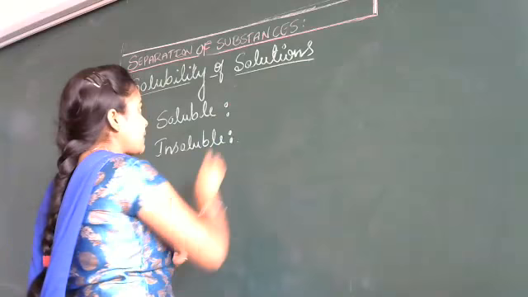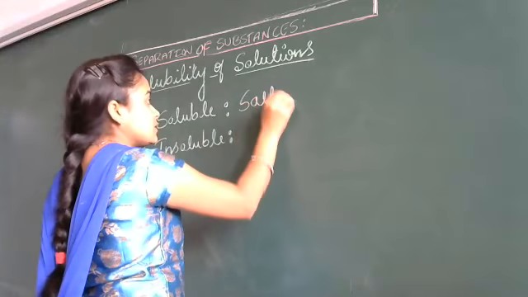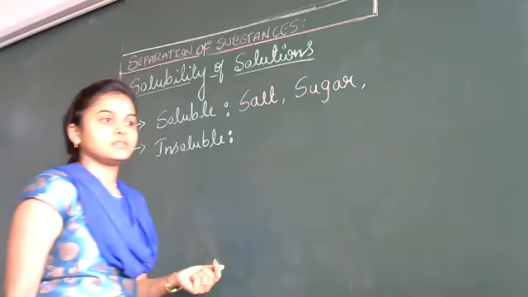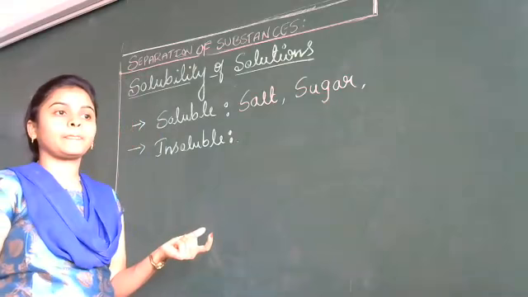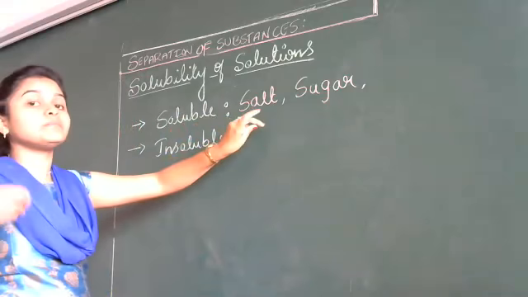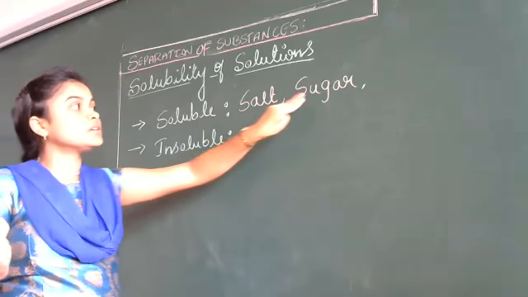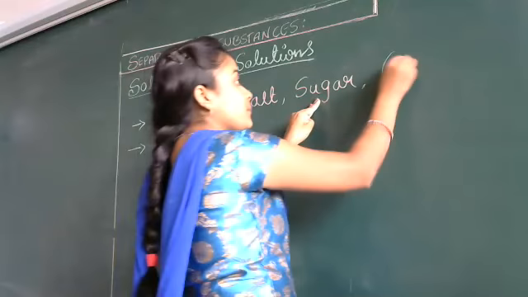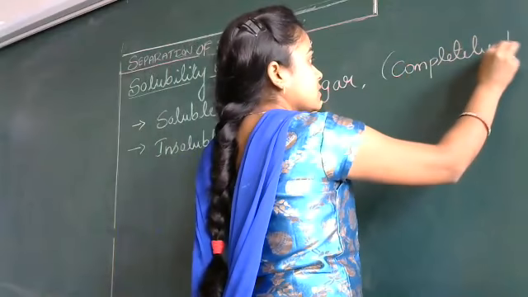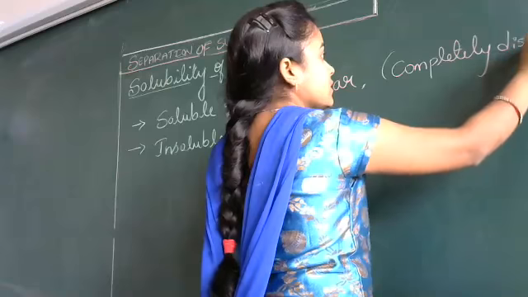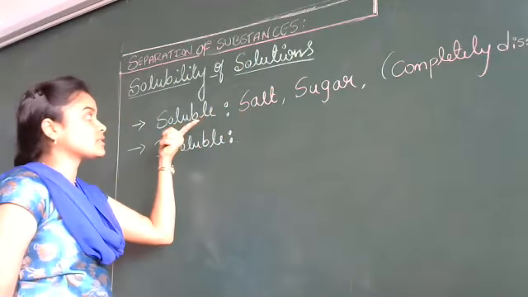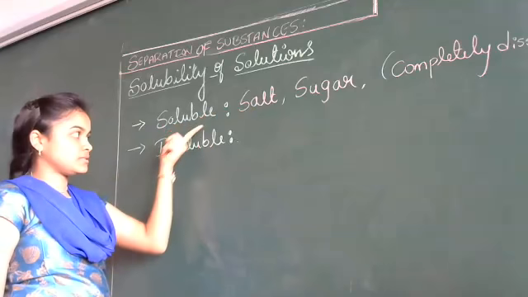Soluble, here I'll take some examples like salt, sugar. Very good. Some substances like salt and sugar will completely dissolve in liquid. Such substances we call soluble substances.